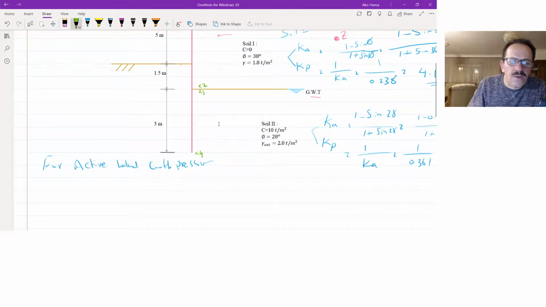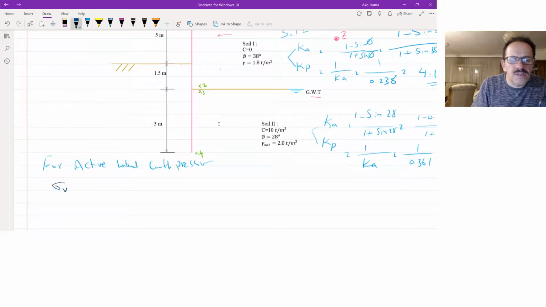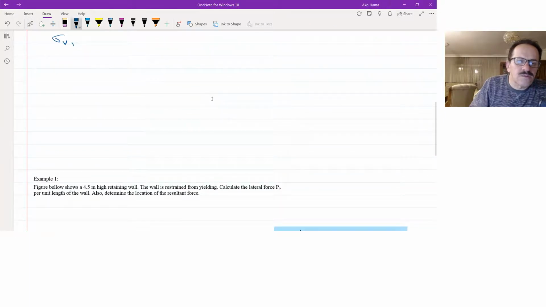So I will find the lateral horizontal pressure sigma at point 1, sigma at point 2, sigma at point 3, and sigma at point 4.